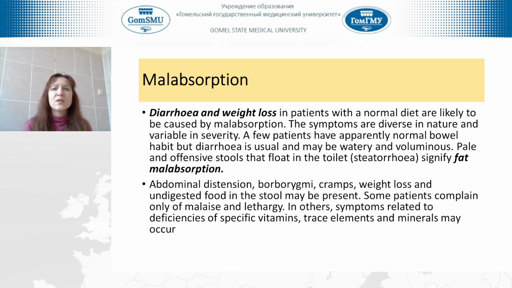Steatorrhea signifies fatty malabsorption. Abdominal distension, borborygmi, cramping, weight loss, and undigested food in the stool may be present. Some patients complain only of malaise and lethargy. In others, symptoms related to deficiency of specific vitamins, trace elements, and minerals may occur.